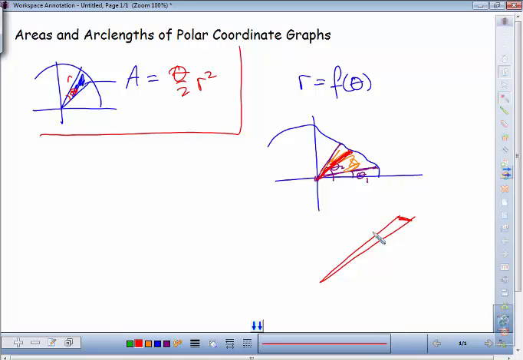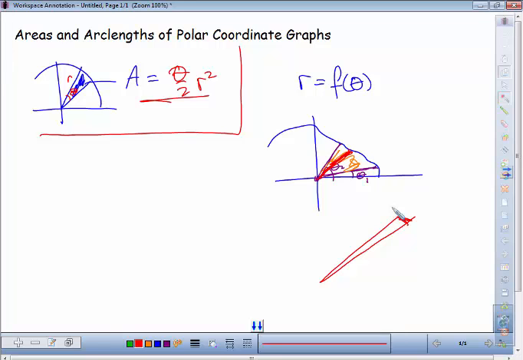So we're going to break this up into slices of pie. The only disadvantage is that we have this formula for a nice circular sector, and this is not necessarily a part of a circle. You see where that issue happens?